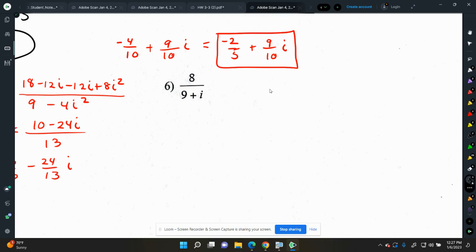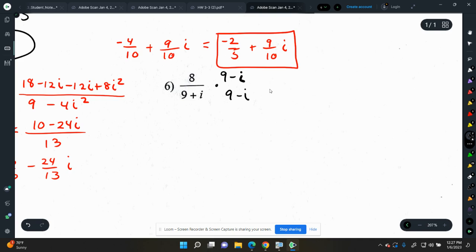What's on the next one? Caitlin, what's on the next one? Good. Multiply by 9 minus i. And we get 72 minus 8i over 81 minus i squared.